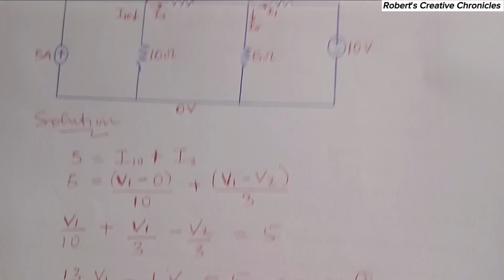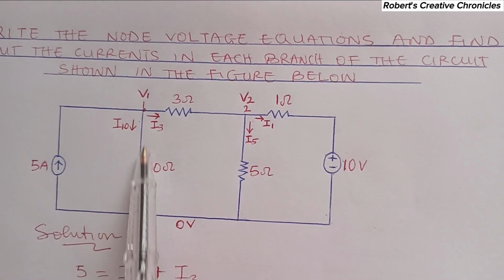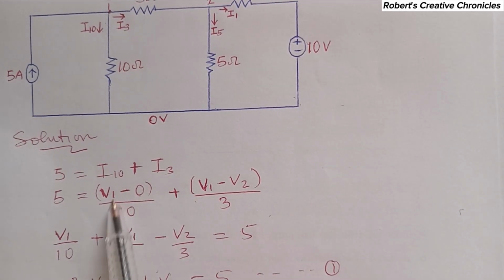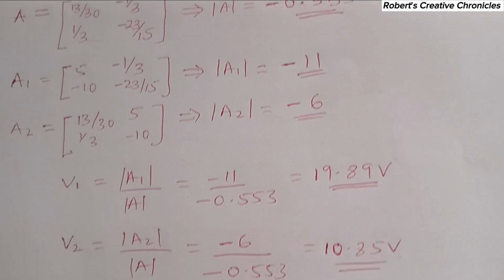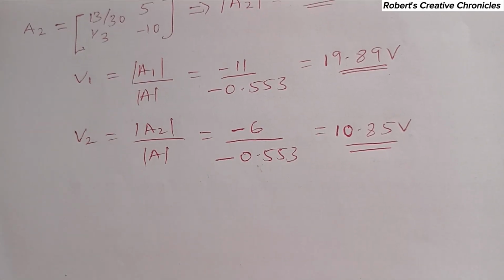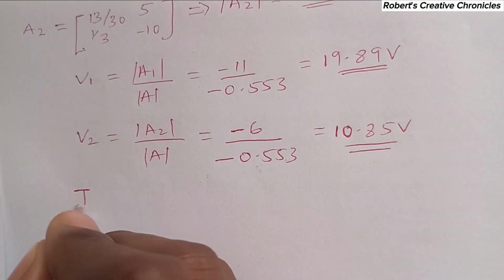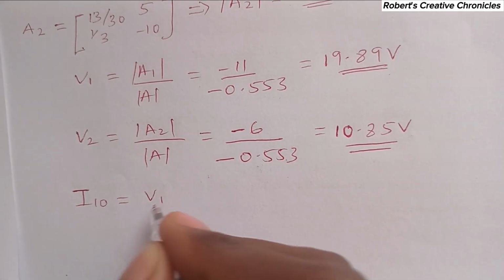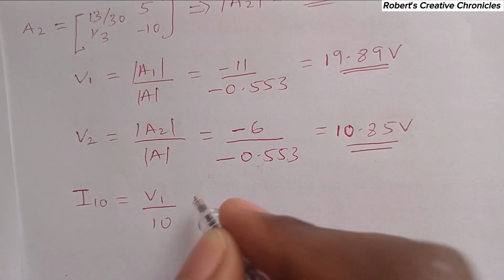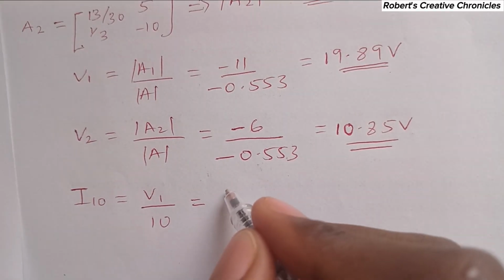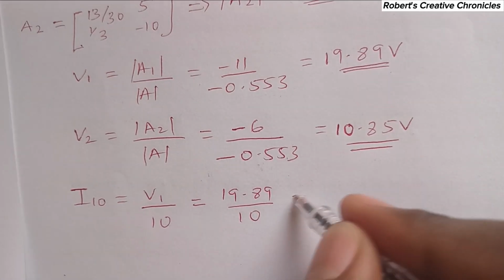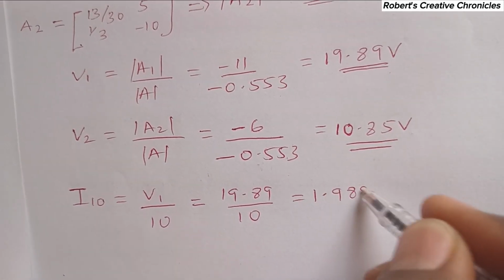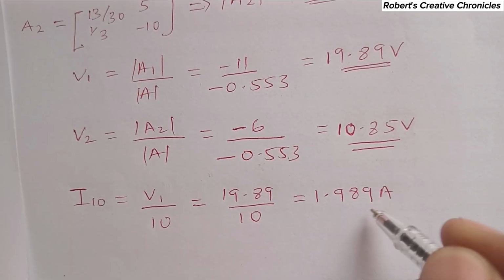The formula for finding the current I10 is V1 over 10. So we'll say I10 equals V1 over 10. We know what V1 is. We'll say 19.9 over 10 is equal to 1.989 amperes.